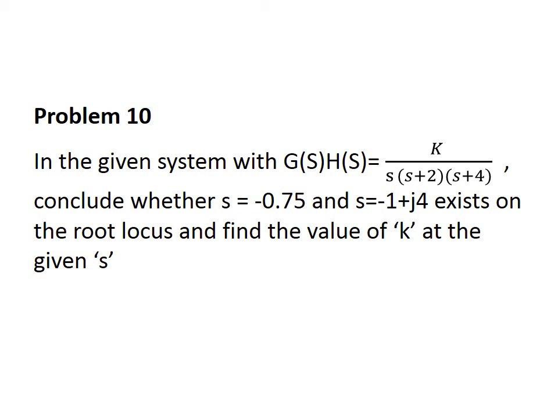They have given us G(s)H(s) as K / (s(s+2)(s+4)). We have to find out whether the point -0.75, which is one point, and -1 + j4, which is the second point, lie on the root locus or not. How do we find this? We use the angle criterion. Let us see how we go about it.